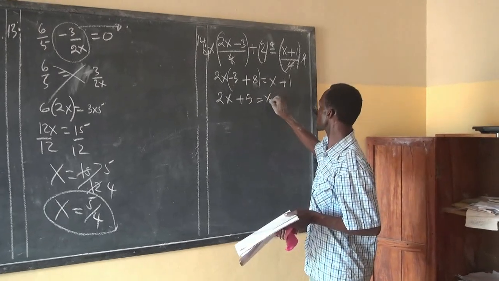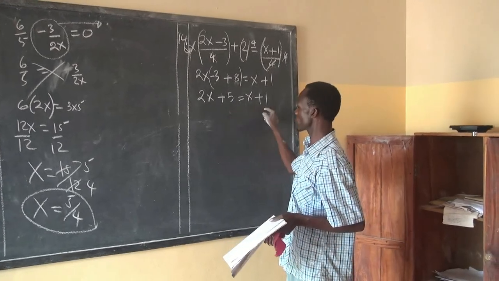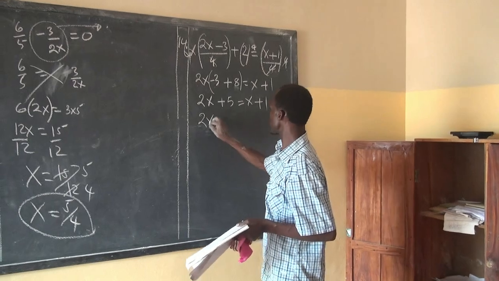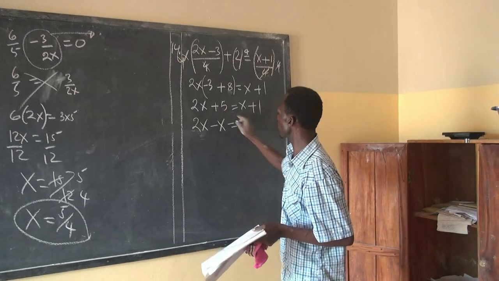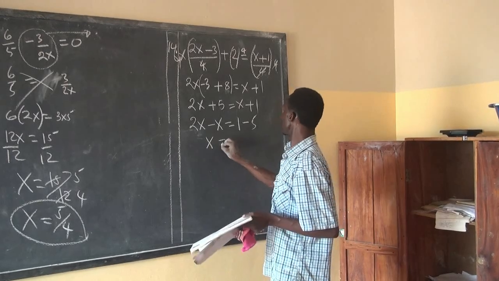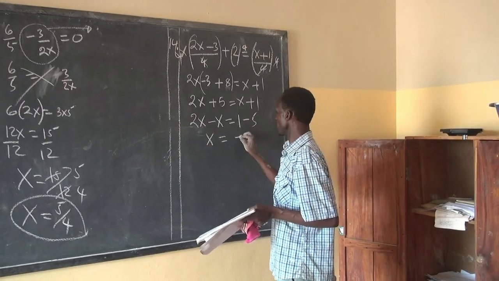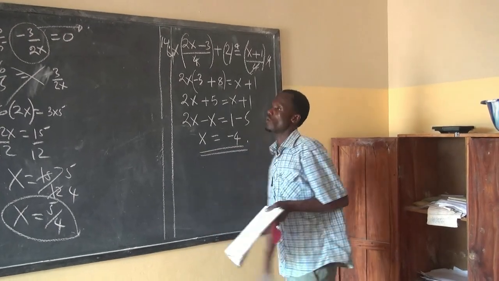Now which is equal to x plus 1. If that is the case, take this to the other side. Now you have 2x minus x is equal to 1. This is positive, becomes negative 5. Now here you have x is equal to 1 minus 5 is negative 4. Now the answer is equal to negative 4.